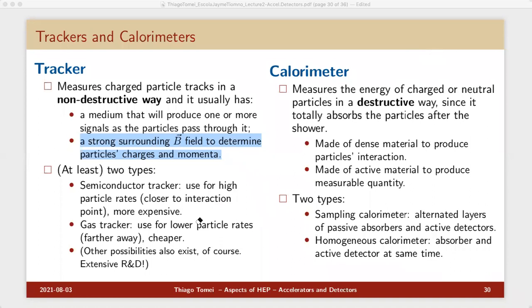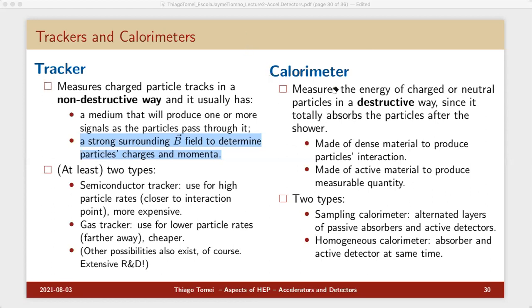So you can put them closer to the interaction point. They are more expensive. And gas trackers, which you can use for lower particle rates, say far away, and they are cheaper. Of course, there are other possibilities. You can, in principle, have also something based on scintillators, and there is a lot of R&D being done here.